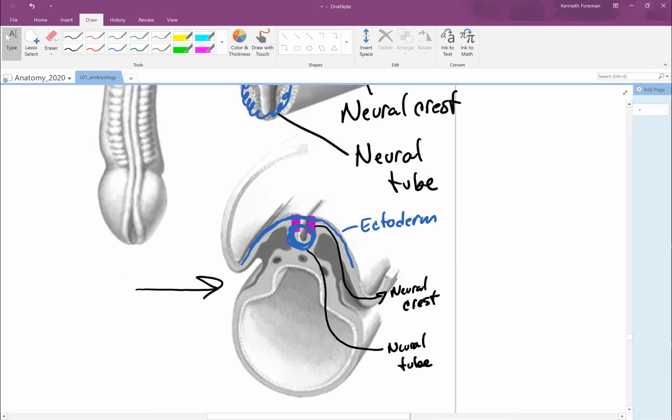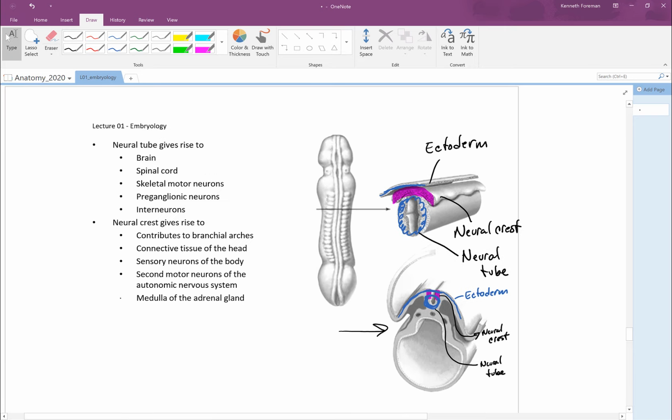Now that neural tube becomes your brain, your spinal cord, your skeletal motor neurons, your preganglionic neurons, and your interneurons. We'll talk a little bit more about these specifically when we talk about the autonomic nervous system along with the central and peripheral nervous system.